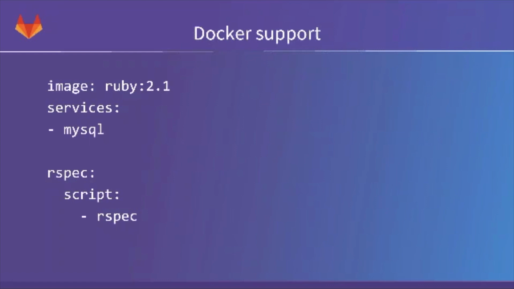In the example, we have the MySQL database that will be created just for the time needed to execute your job. It's important that every time you execute this job, you will get a new clean environment and a new clean database. So basically, this allows you to have reproducible builds that always start from the same state.